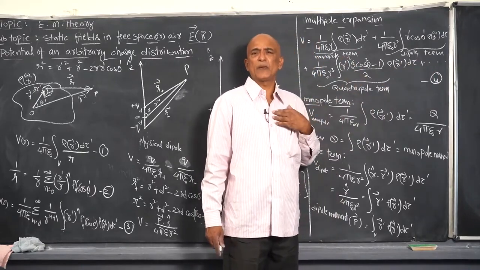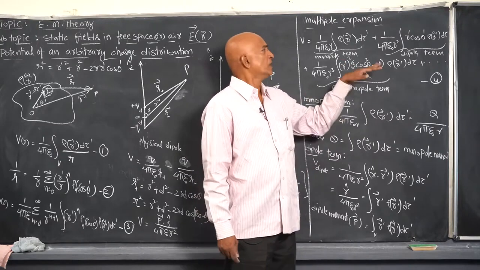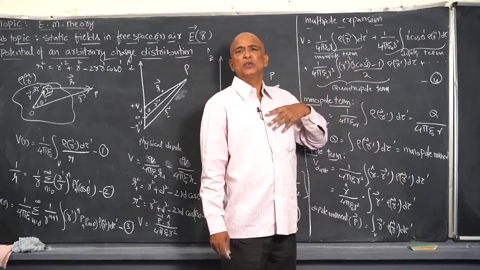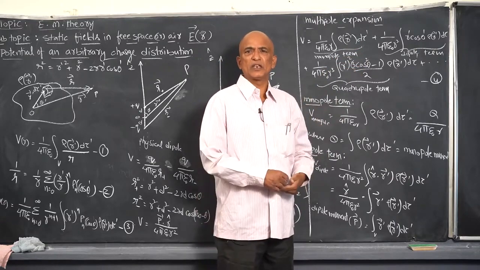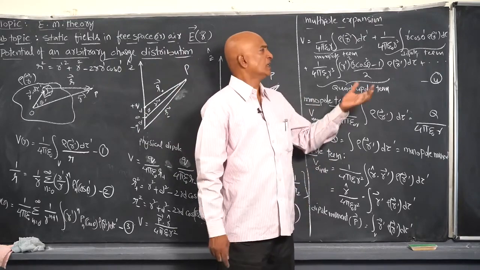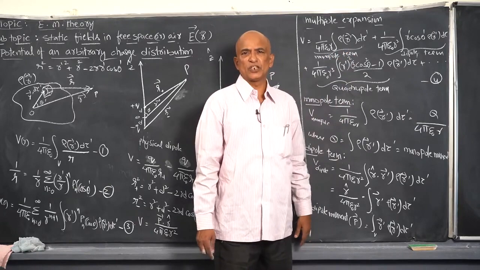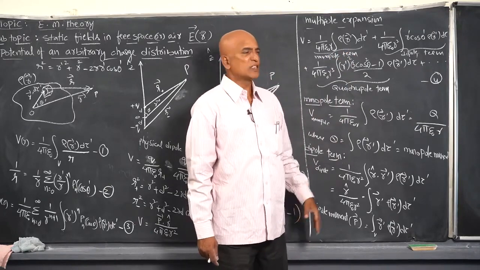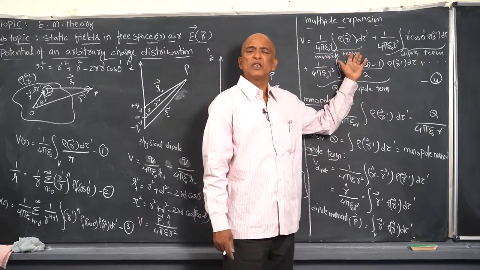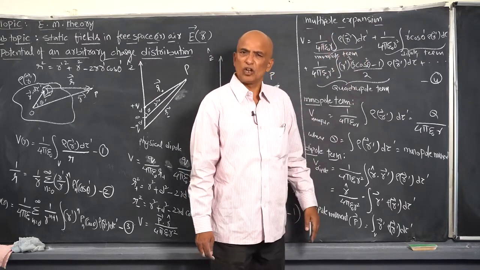Here, basically, it is used as an approximation scheme. When you want to calculate the approximate potential due to this charge distribution at large distances, then the lowest non-zero term in this series gives the approximate potential at large distances. Suppose the monopole term is the non-zero term, then it gives the approximate potential at large distances.